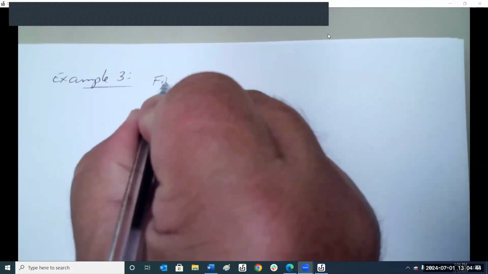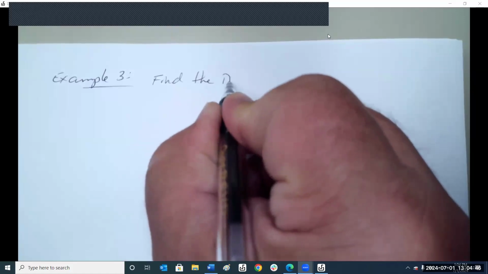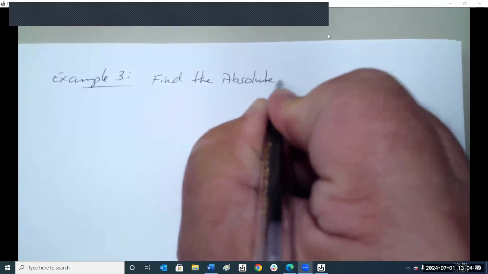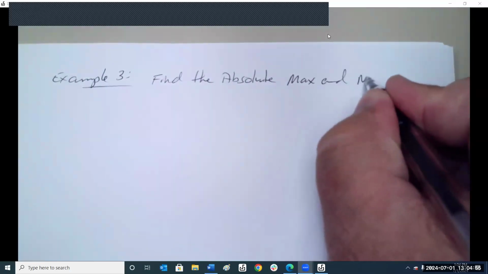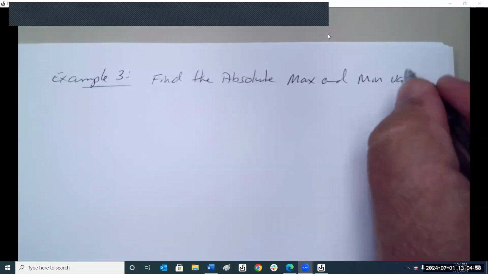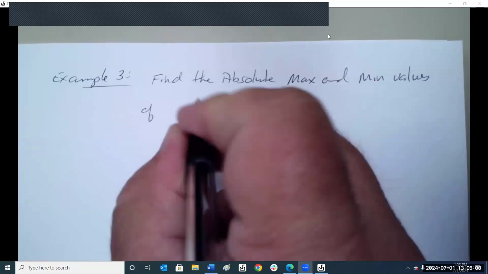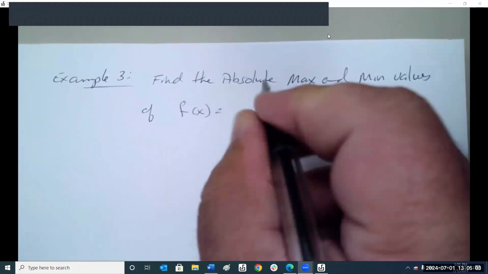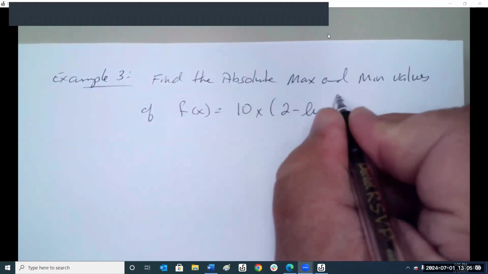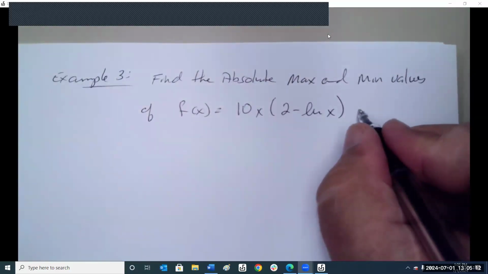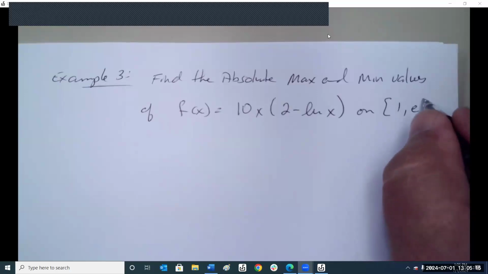Example 3. Find the absolute max and min values of our function f of x equals 10x times (2 minus ln x) on the interval 1 to e squared.